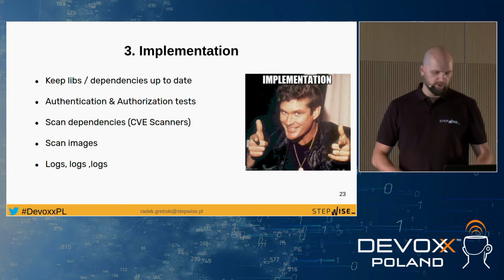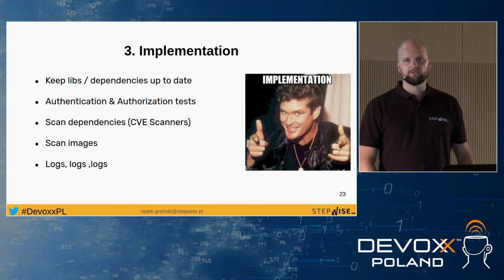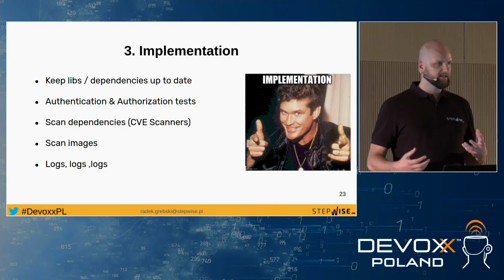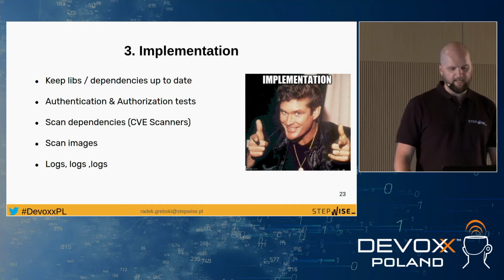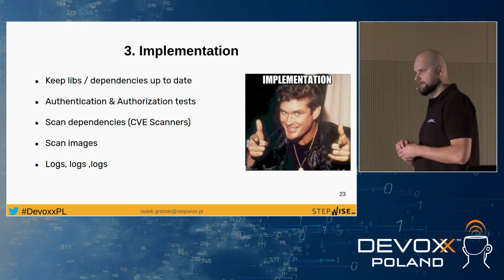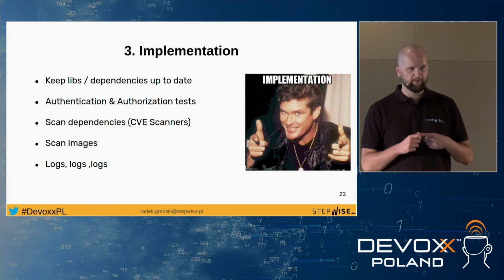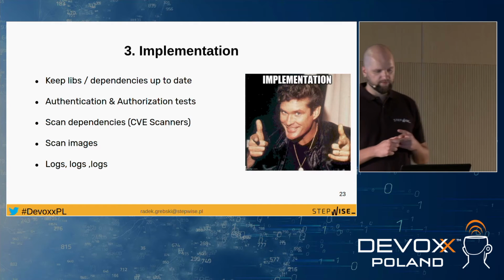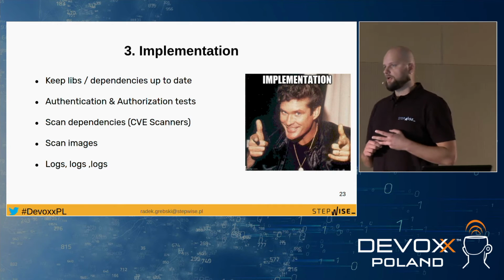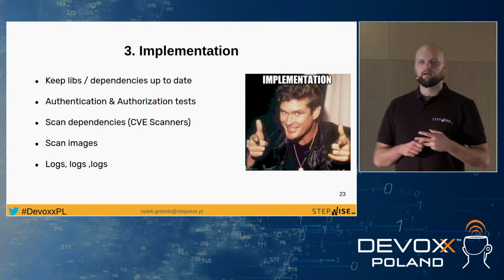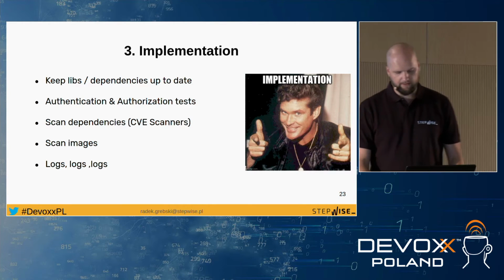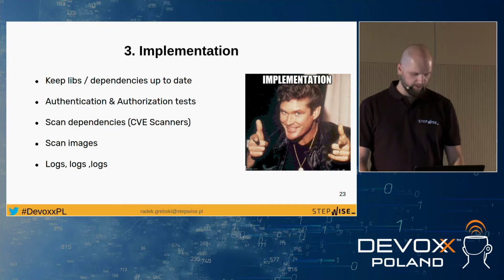Also, we should test authentication and authorization. In CI, have an automated test for that. And we should scan dependencies of our application. We should scan Docker images we produce. And we should log a lot to make monitoring and alerting easier after deployment.